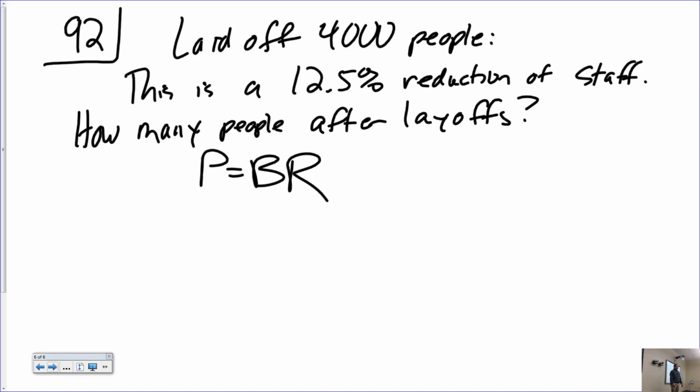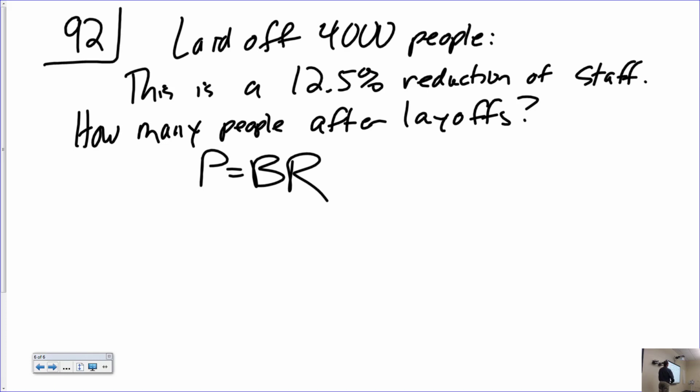It's tricky because it's worded in business speak. Business speak tries to write things so that it sounds confusing. Welcome to life to some degree. All right? But the 4,000 people is 12.5% of the staff.